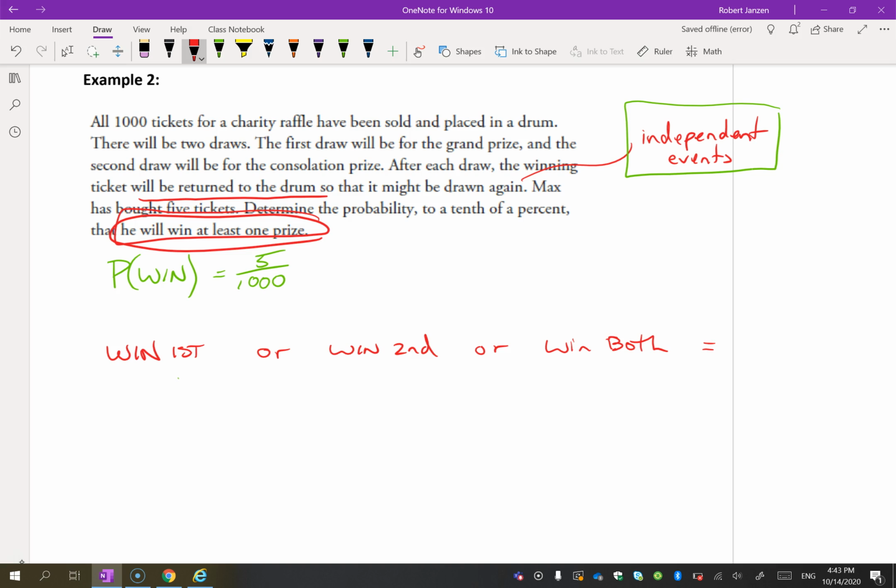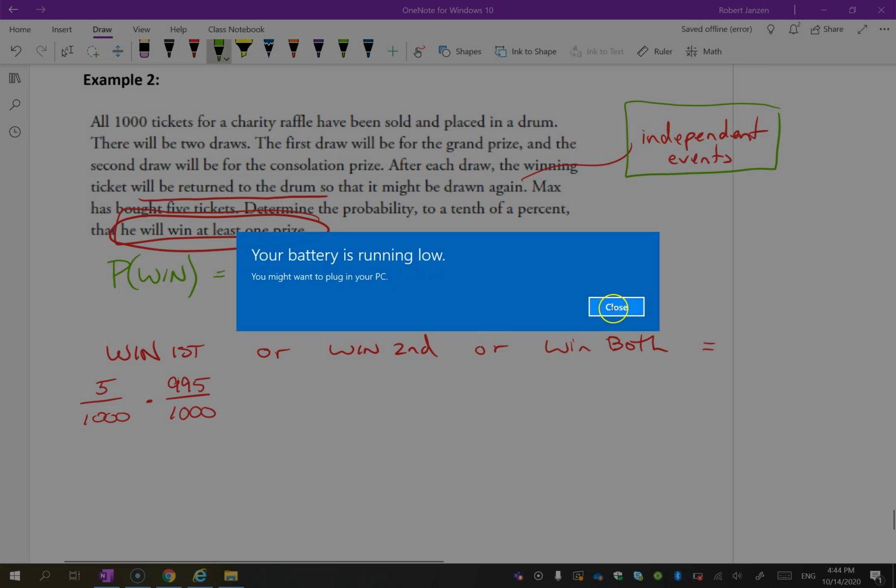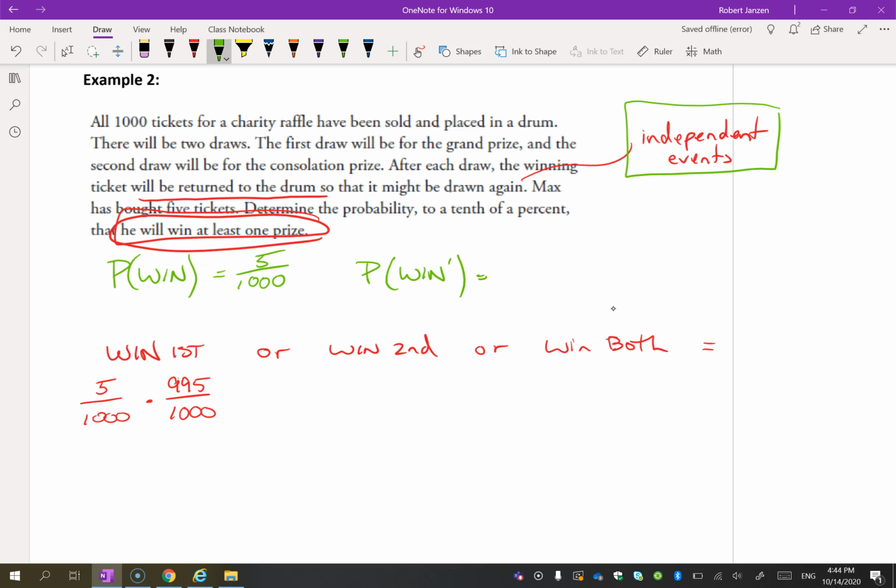What is the probability that he wins on the first draw? Well, if he wins on the first draw, this means he's losing on the second draw. Notice that if the probability of winning is 5 out of 1,000, the probability of not winning is 995 out of 1,000.